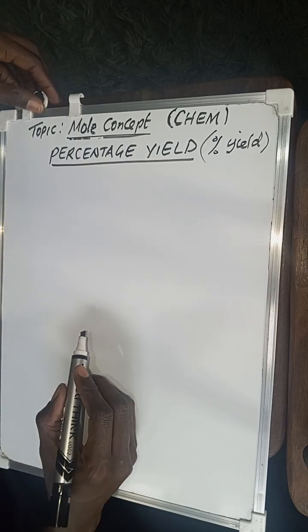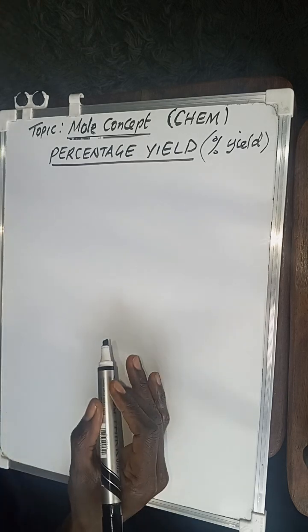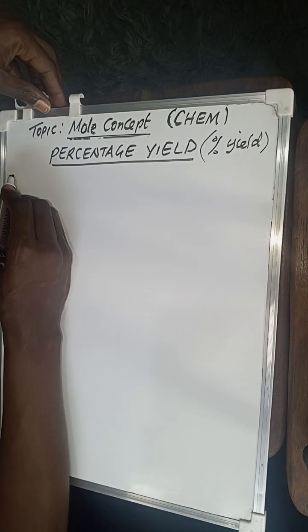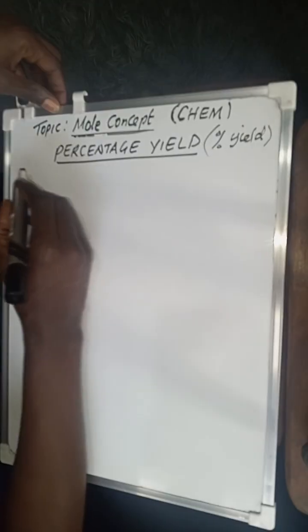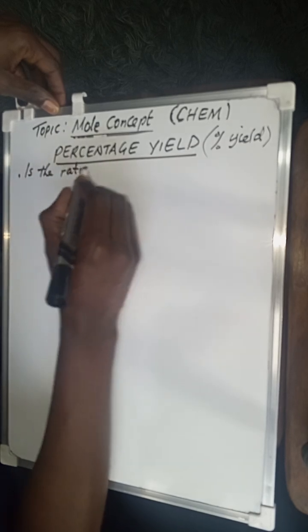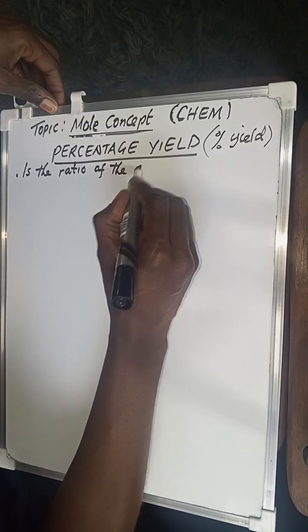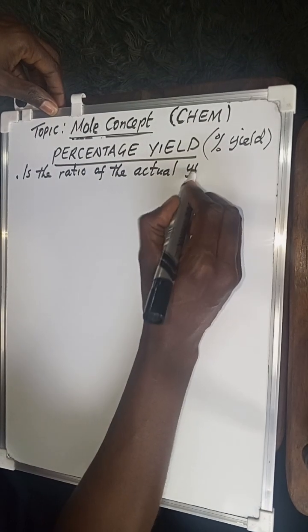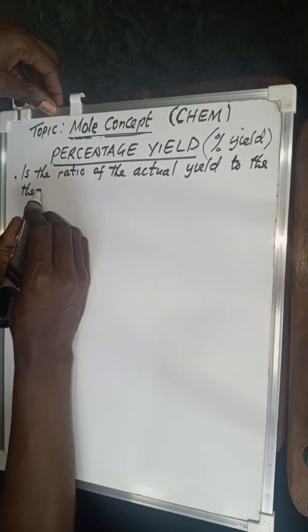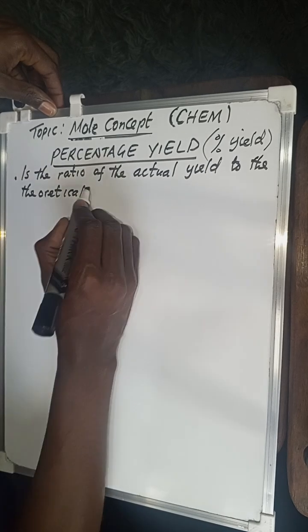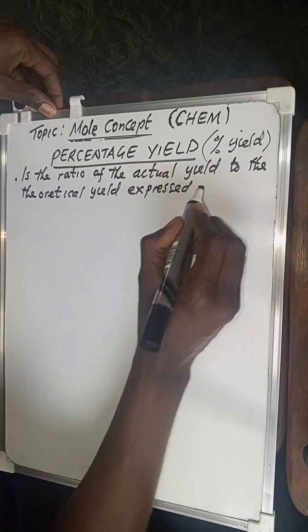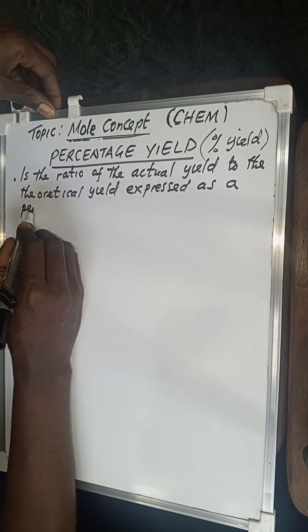Well, when we talk about percentage yield, it is simply the ratio of the actual yield to the theoretical yield, and you just express it as a percentage. So we can say percentage yield is the ratio of the actual yield to the theoretical yield expressed as a percentage.